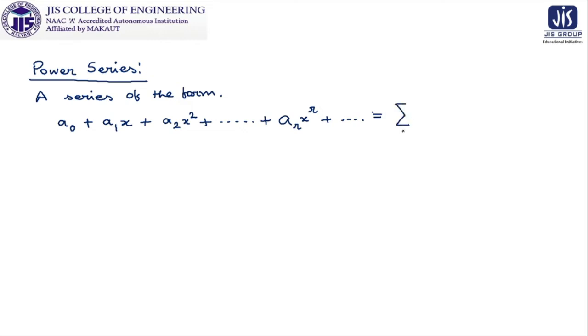It can be written as summation n from 0 to infinity an x to the power n. If you break up the summation sign, you will get a0 plus a1x to the power 1 plus a2x square and so on, and it will go up to infinity. It is an infinite series.